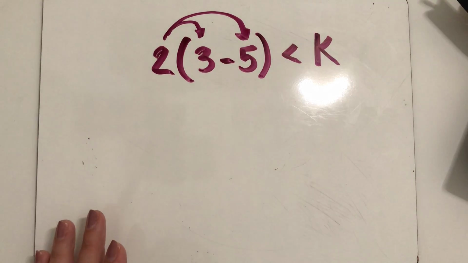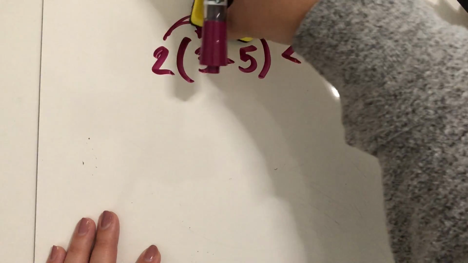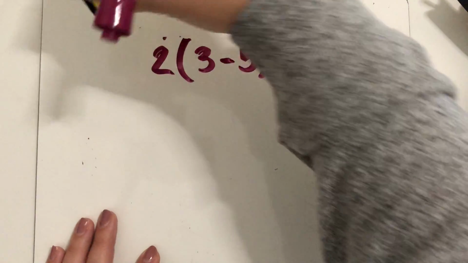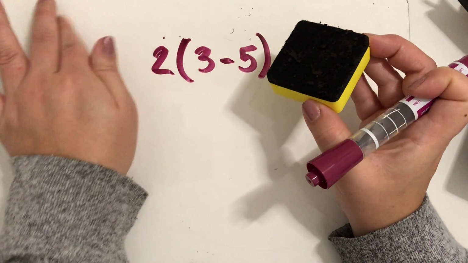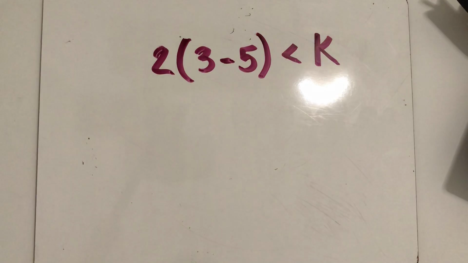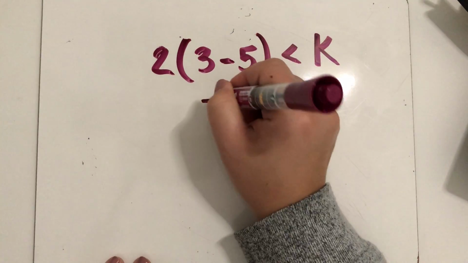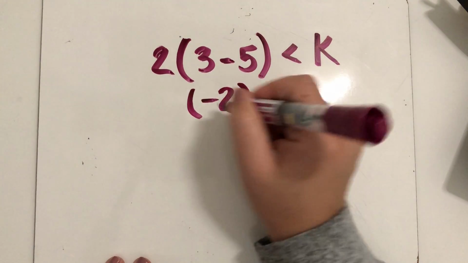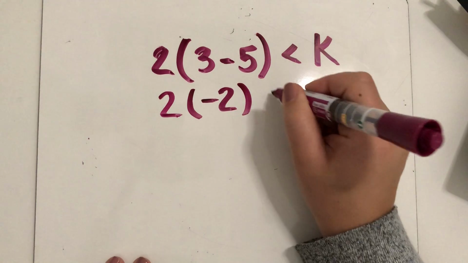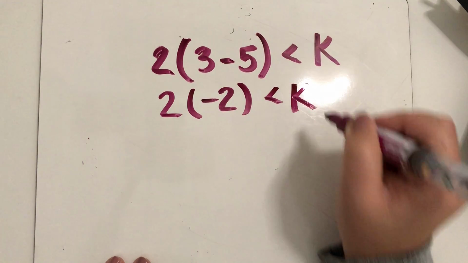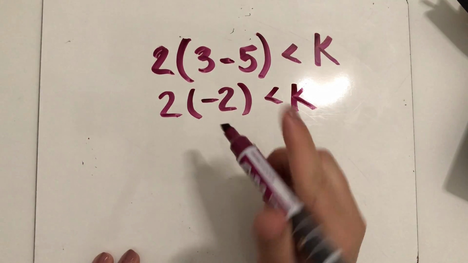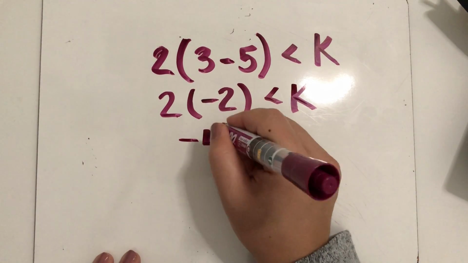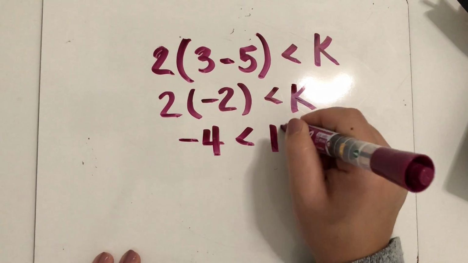Or what I can do is just simplify my parentheses first. So 3 minus 5 is going to give me a negative 2. And then I can do negative 2 times 2. Bring down my inequality and my k. 2 times negative 2 is going to give me a negative 4 less than k.